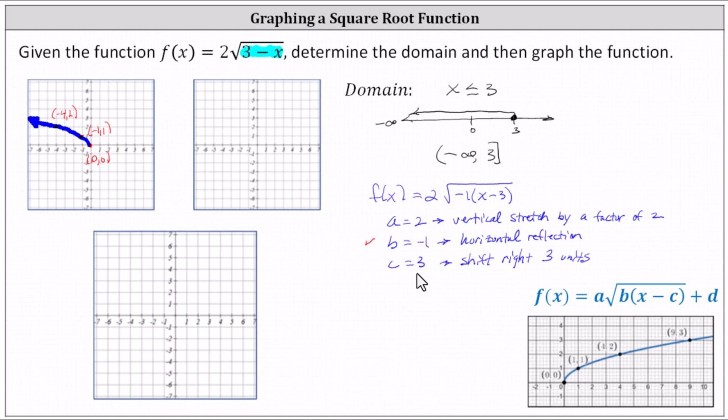The corresponding point for 0, 0 is 3, 0. The corresponding point for negative 1, 1 is negative 1 plus 3, 1, or 2, 1. And the corresponding point for negative 4, 2 is negative 4 plus 3, 2, which is negative 1, 2.